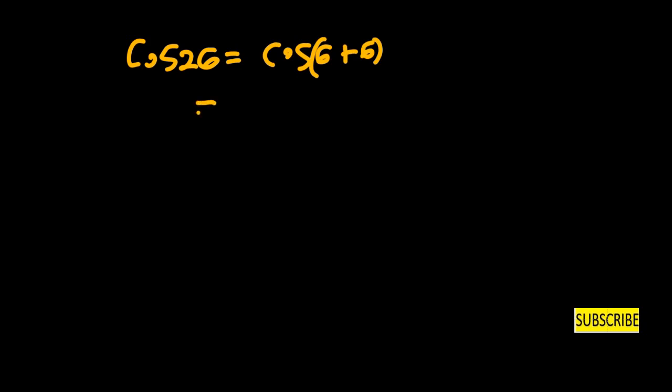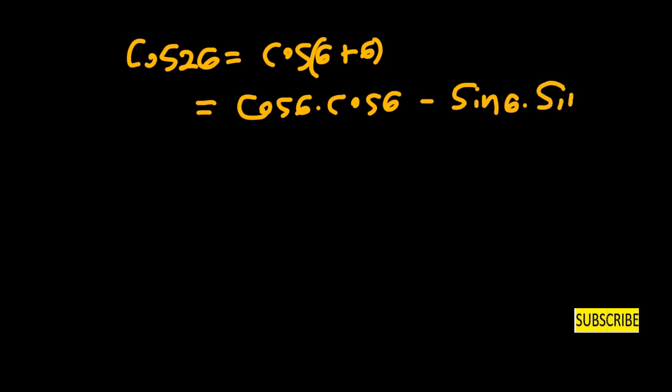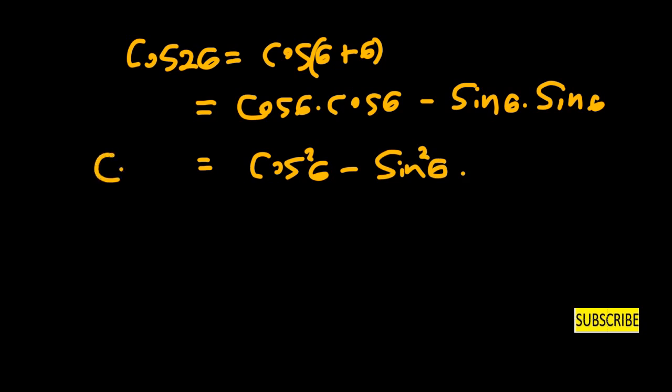Then this can be written like this: cos theta cos theta minus sine theta and sine theta. Then we can simplify this expression like this: cos square theta minus sine square theta. This is the expression for cos 2 theta.